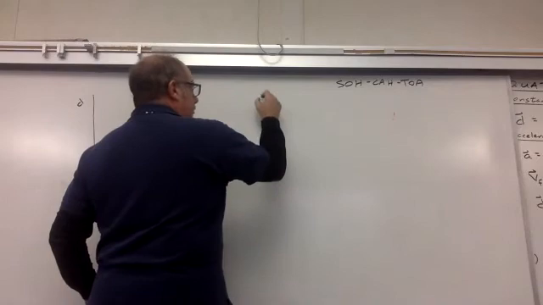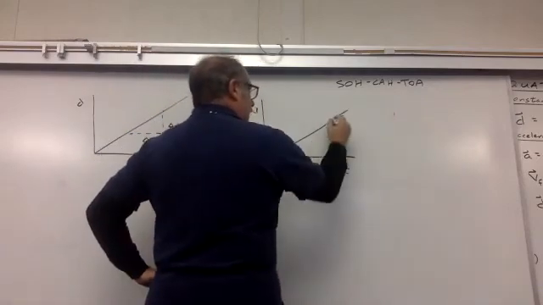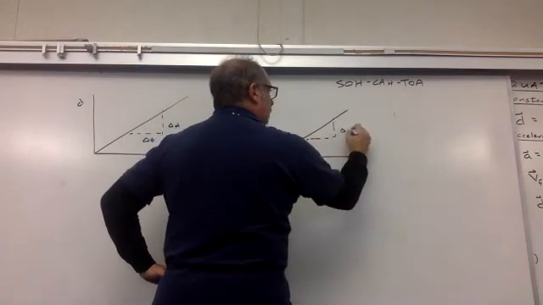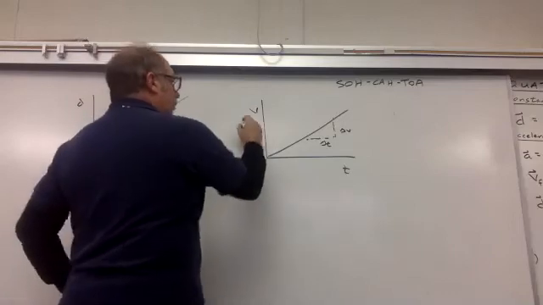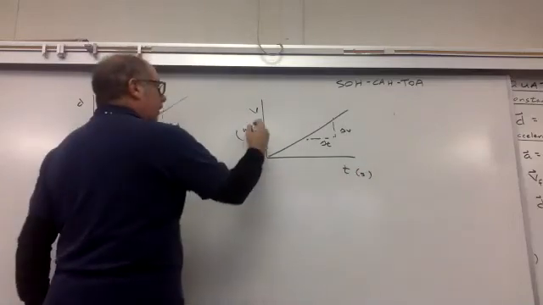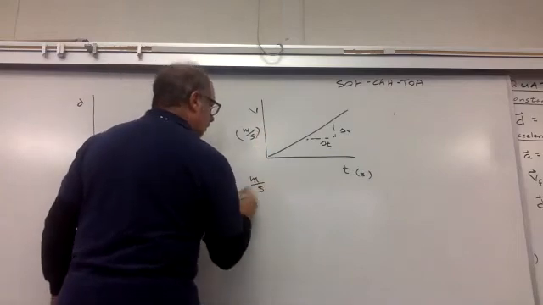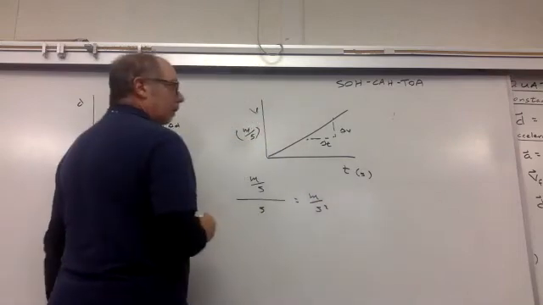For a V versus T graph, the slope, delta V over delta T, is rise over run. If this is meters per second and this is seconds, rise over run gives you acceleration.